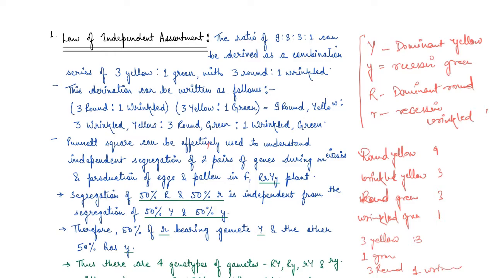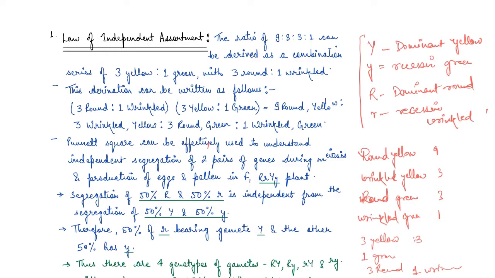Now, this basic law states that when two pairs, listen to it very carefully, when two pairs of traits are combined in a hybrid, segregation of one pair of characters is independent of the other pair of characters.